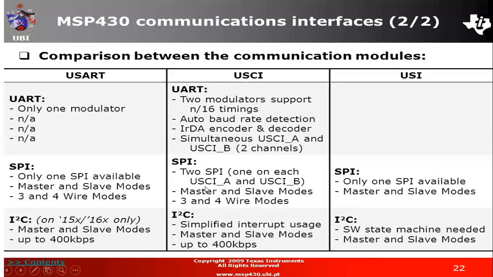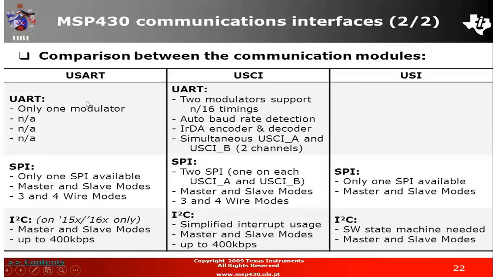These also operate in master and slave modes, and also support three- or four-wire modes. Whereas in USI, only one SPI is available, which also operates in master and slave operation.